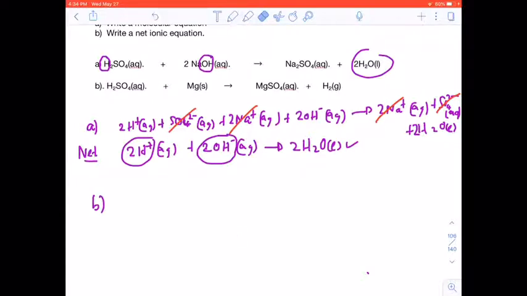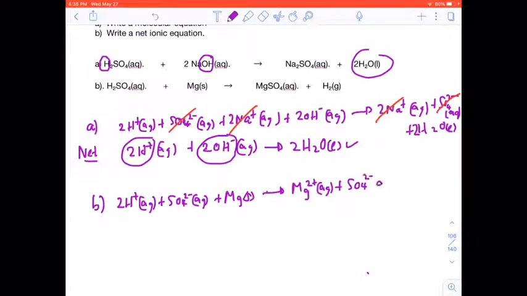Okay, so here now, if we look at the next one, again we're going to have 2H plus aqueous plus SO4 2 minus, right, same like the above, plus Mg solid, and what happens here, we get Mg2 plus, and then SO4 2 minus aqueous, right, plus hydrogen gas.